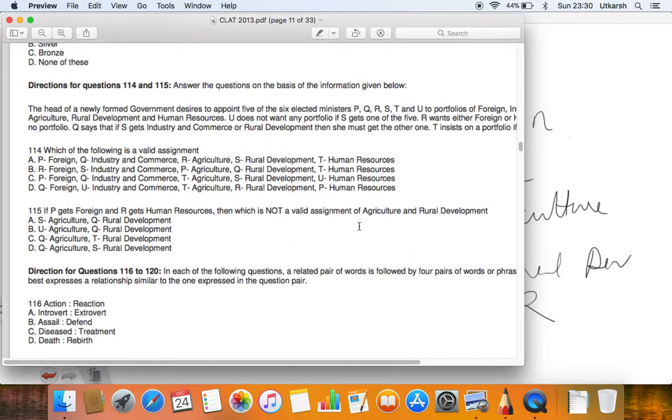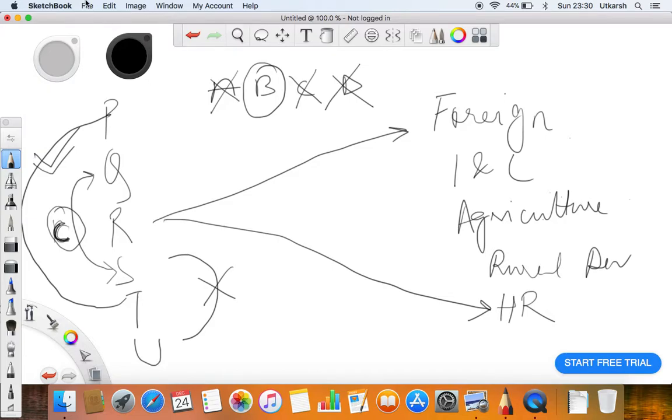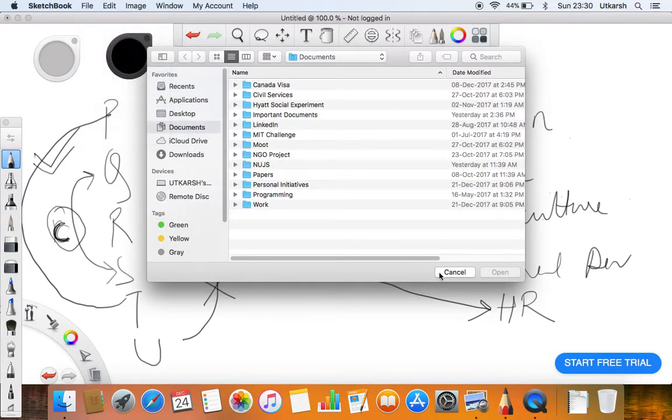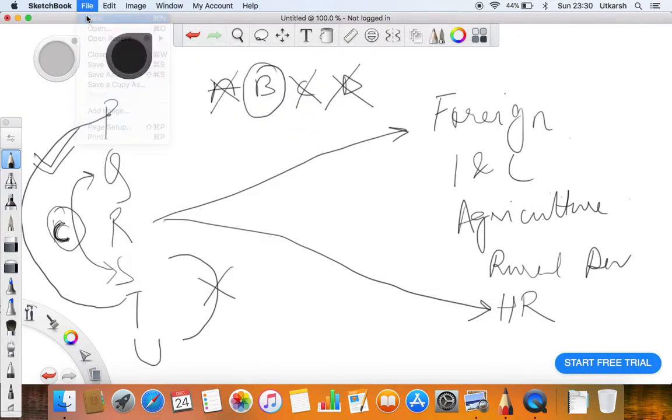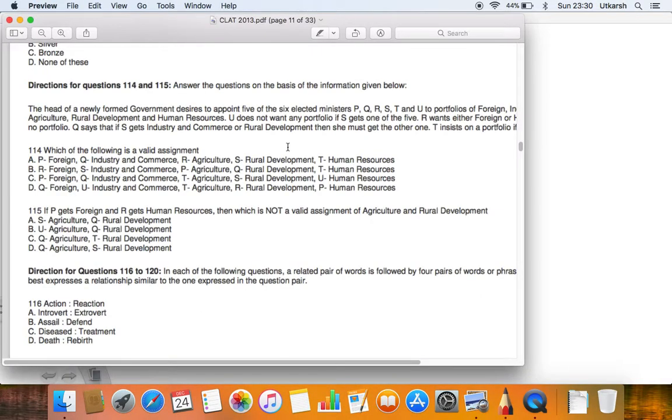So let's go to question 115, which is the next part to this question. Wait, let me just clear this. Sorry. So the next part of this question is if P gets foreign and R gets HR.